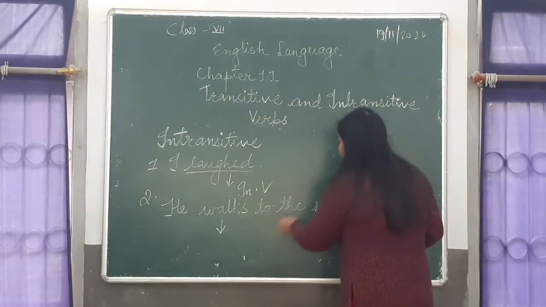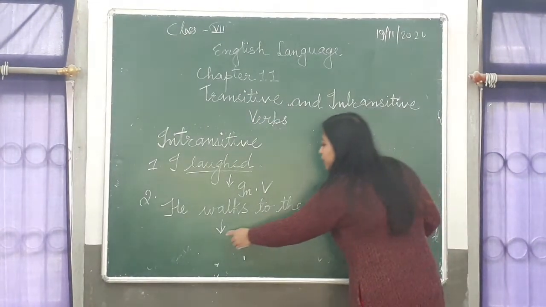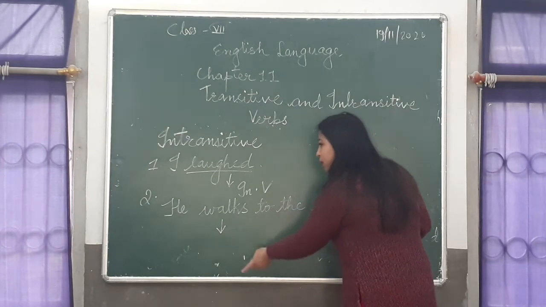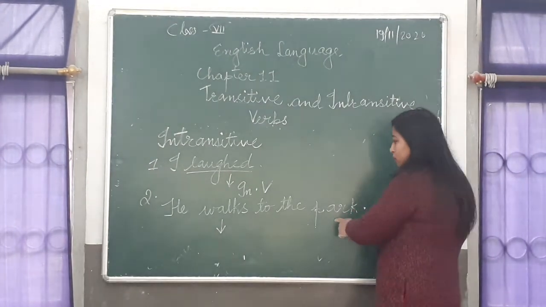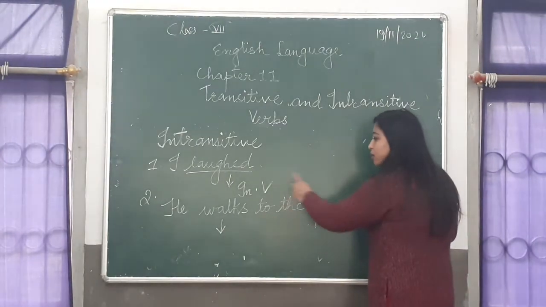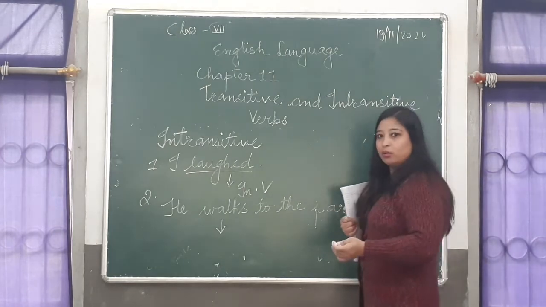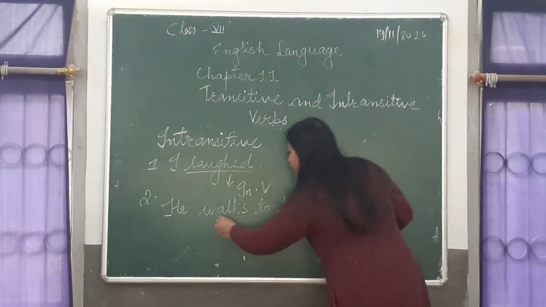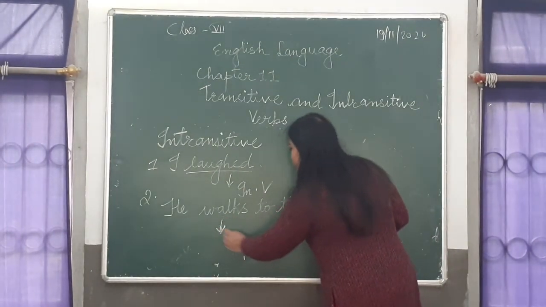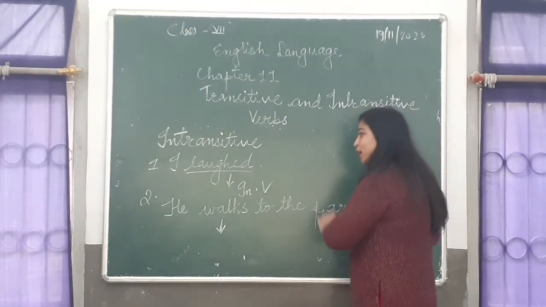The verb, and park over here is an object, isn't it? But this object is not receiving the action. He walks what? No, isn't it? If you ask the question what? He walks where? To the park.